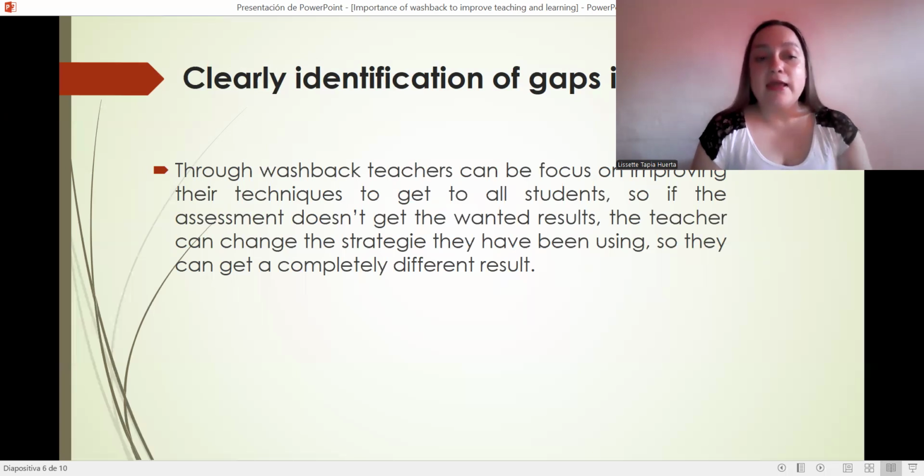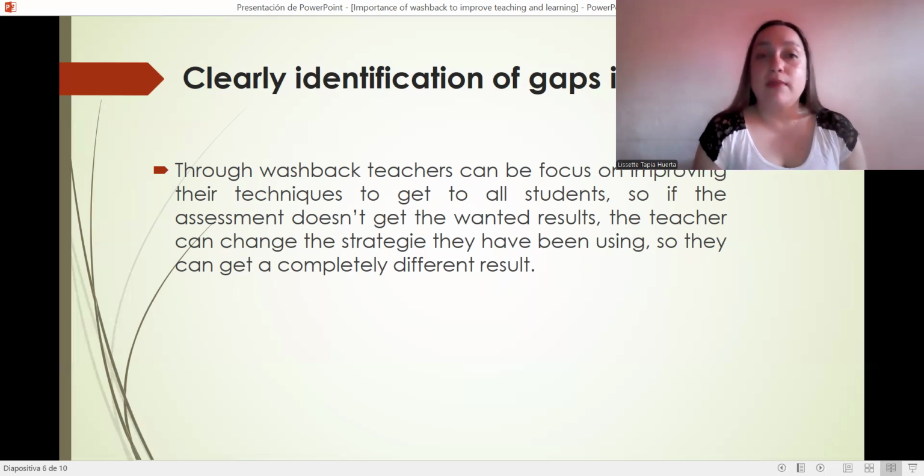Also, we have a clear identification of gaps in learning. So if during the washback we see that maybe we are failing in some topic, and our students are not dominating or not understanding what we want to teach, we have to change our techniques and strategies to try again.